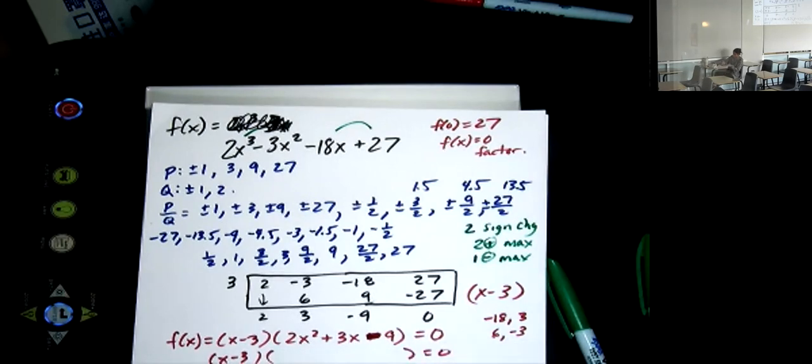So we'll do some grouping here. I've got a 2x there times x plus 3 and a negative 1 times x plus 3.